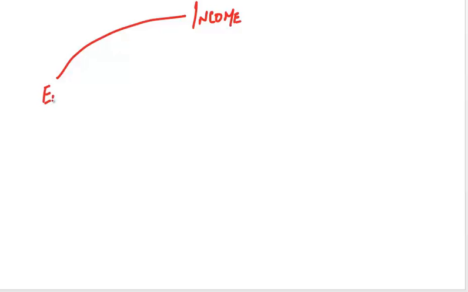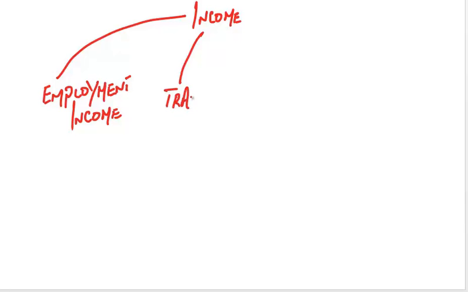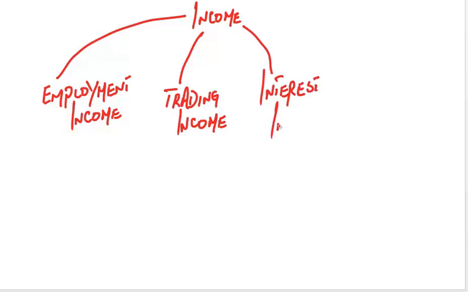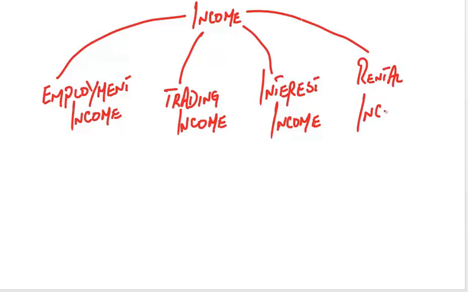The first one is your employment income. Trading income, interest income, rental income, and any other income.